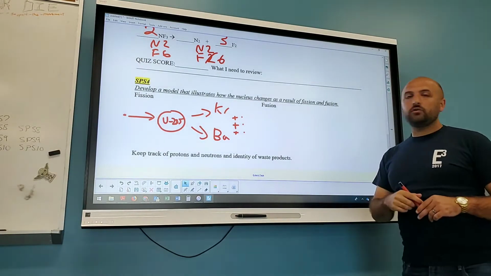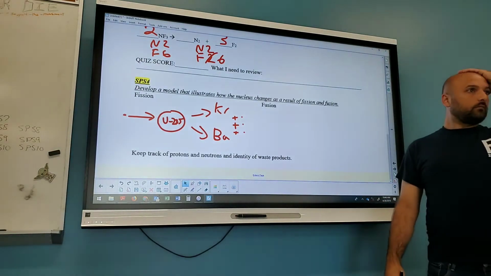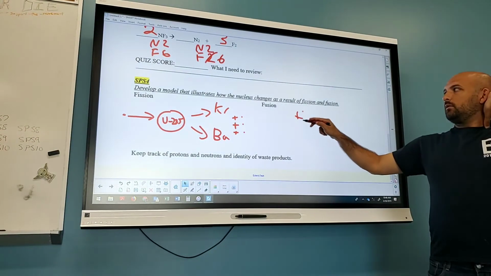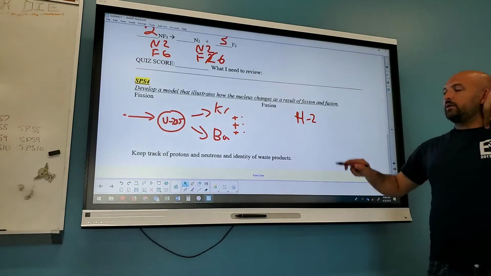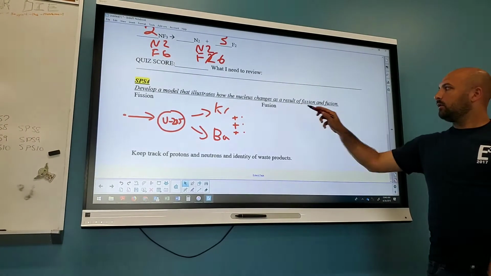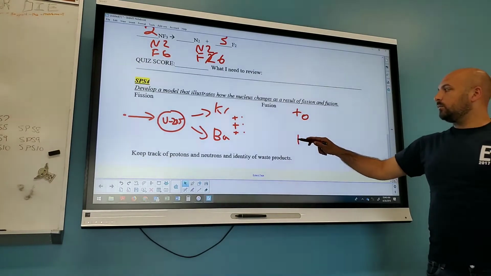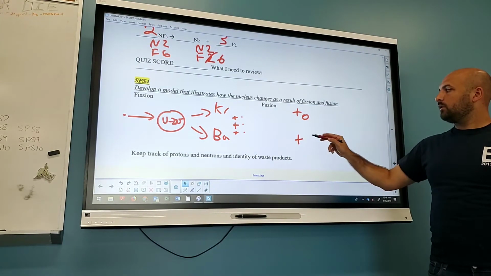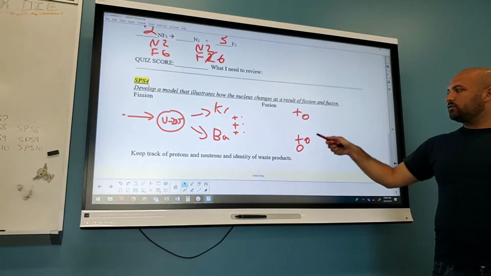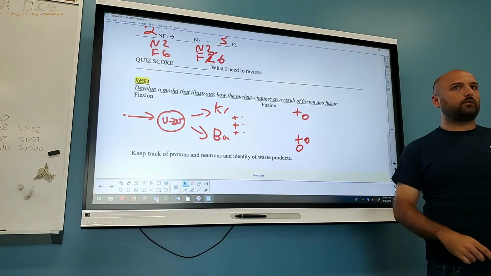But fusion, what would fusion be? 2 things coming together, right? What 2 things though? Hydrogen and Hydrogen 2, better known as deuterium, right? And tritium. So hydrogen with 2 neutrons. All right, deuterium, 1 neutron, and tritium, 2 neutrons. Still hydrogen.